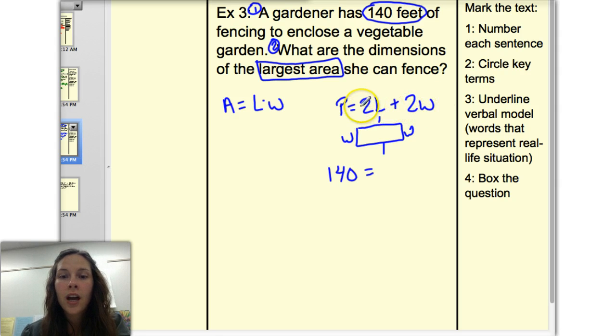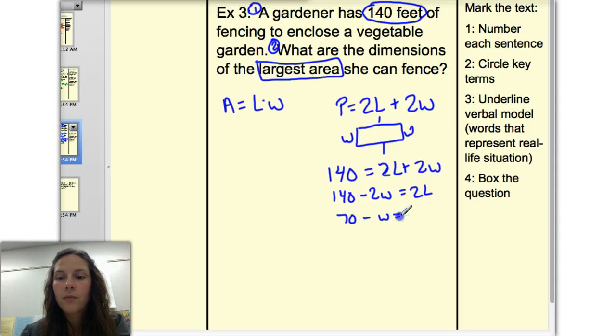So I'm going to solve for L, so that I can go over here and replace L with an expression that's equal to W. So solving for L, I'm going to subtract 2W from both sides. And dividing everything by 2, I'm going to divide this term and this term by 2. That'll give me 70 minus W equals L. So I'm going to take this expression for L and put it into my area model.